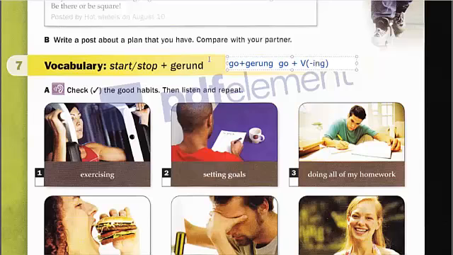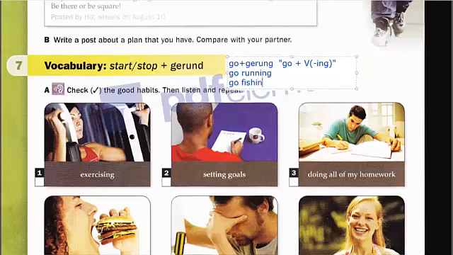We have been talking about go plus another verb that ends in ing. Do you remember? We said go running. Go fishing, we can say also. Go dancing. What else can you say? Go bike riding.